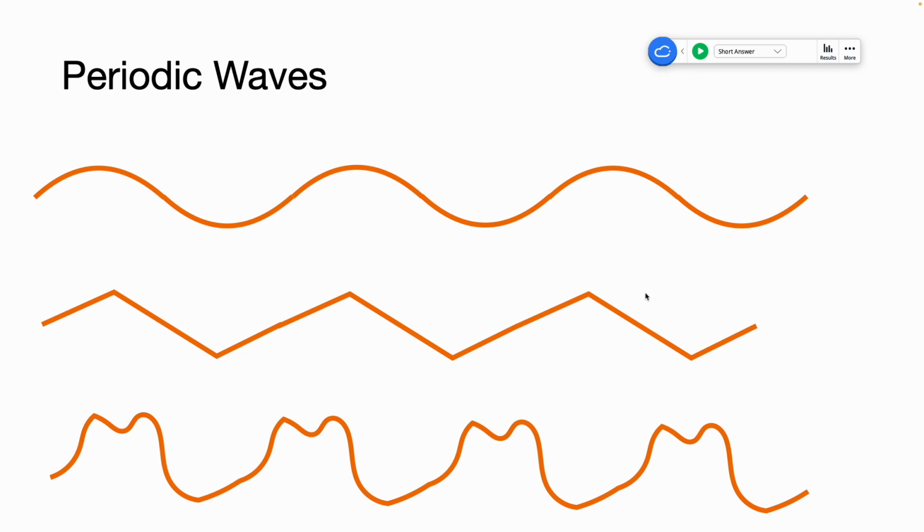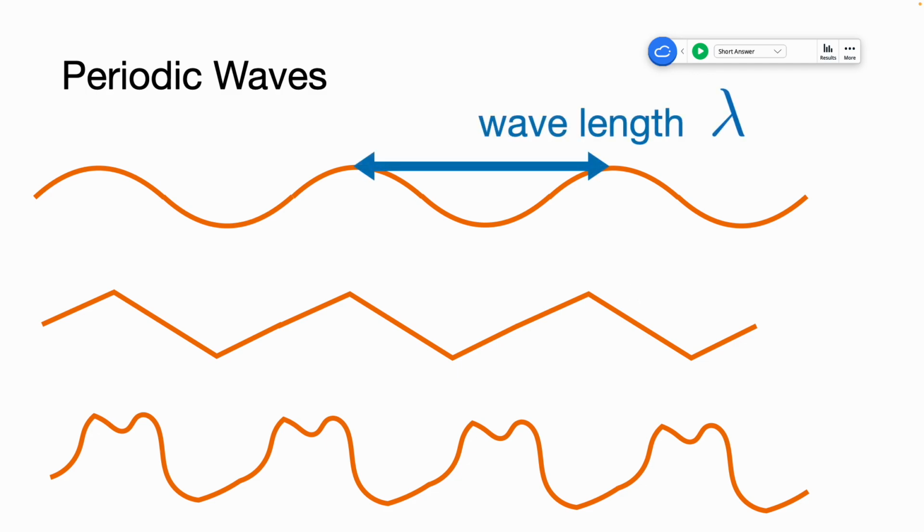And for a periodic wave, you can define the length that it takes to repeat a pattern. So you see from here to here, it takes this long for the shape to go back to the peak. So from peak to peak, this will be what we call the wavelength of this wave.